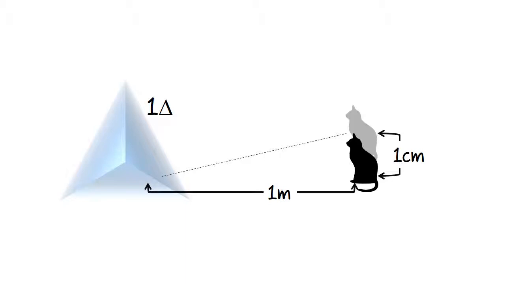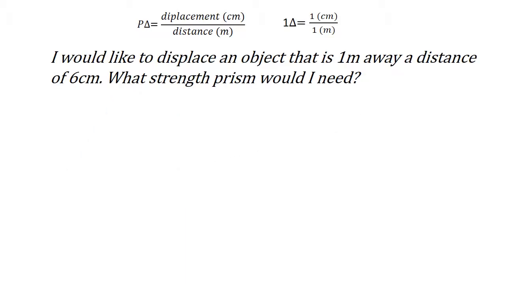Let's do some problems. Okay, first problem. I would like to displace an object that is 1 meter away from me a distance of 6 centimeters. What strength prism would I need? Okay, first let's define our variables. P is a variable that stands for prism diopters. I am using DISP for displacement and DIST for object distance. I just made those up, but I think they fit.